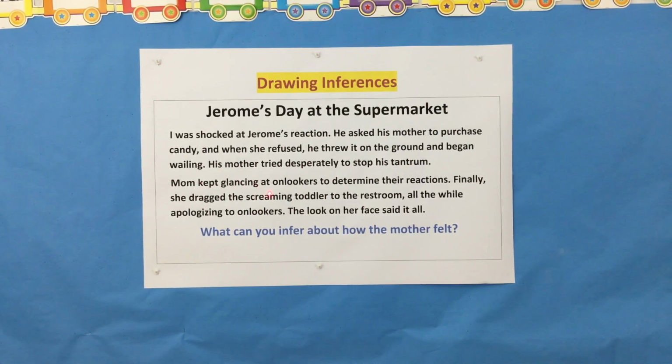Mom kept glancing at onlookers to determine their reactions. Finally, she dragged the screaming toddler to the restroom, all the while apologizing to onlookers. The look on her face said it all. What can you infer about how the mother felt?